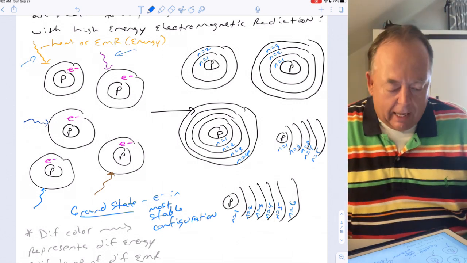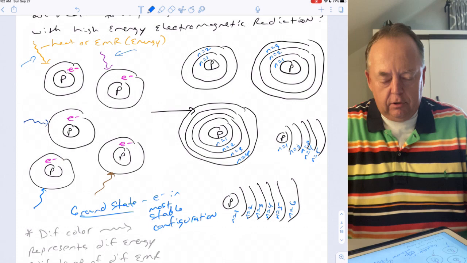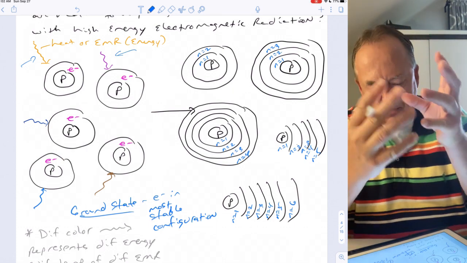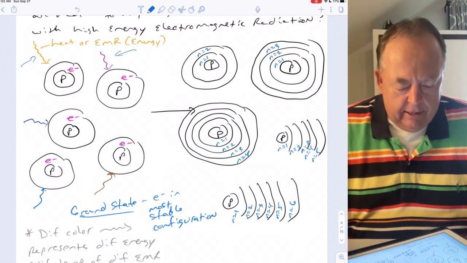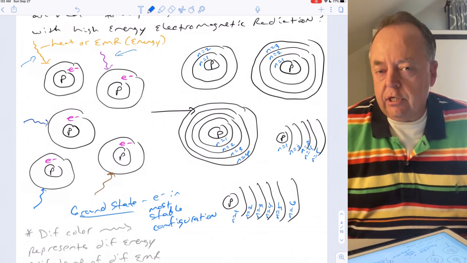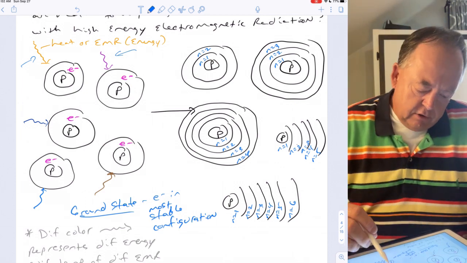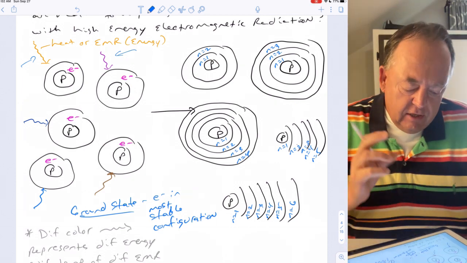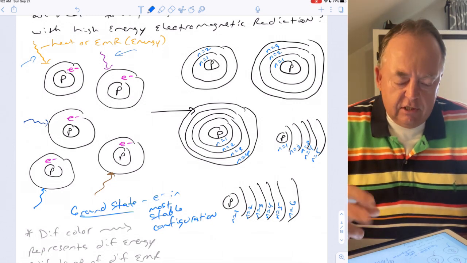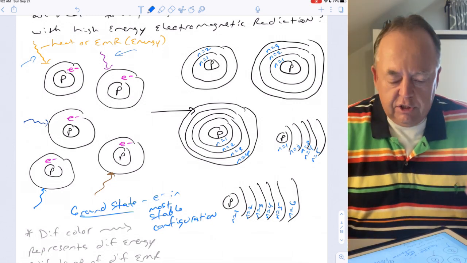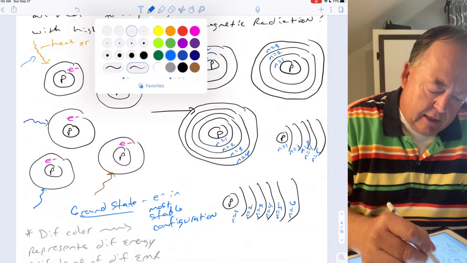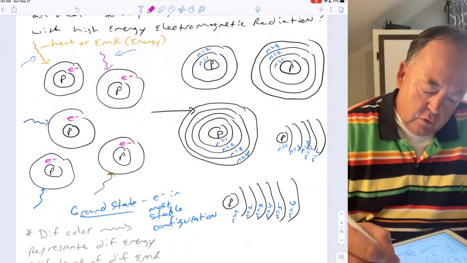What happens when you heat them is they start moving faster, and then if they collide with enough energy, the electron can absorb that energy and promote to a higher shell. So we have 5 hydrogens, each absorbing different energies, so the electron can be promoted to a different shell. So let's say maybe the electron moves to the second shell.